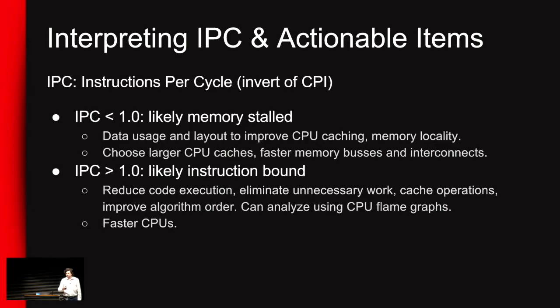And so now it's about eliminating the instructions, finding out what they are, doing a flame graph, doing a profile, and finding areas to eliminate unnecessary work. Hardware changes you can make include scaling up the CPU, finding faster CPUs, and also scaling up the microservice as we use at Netflix.